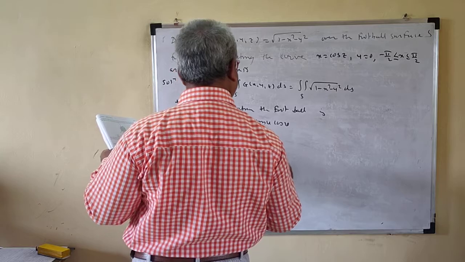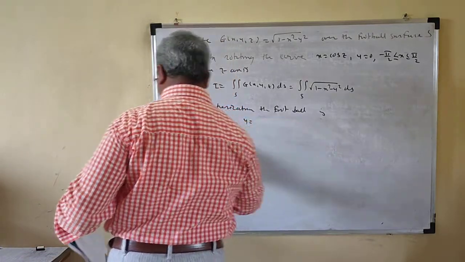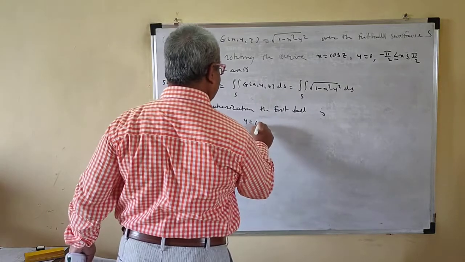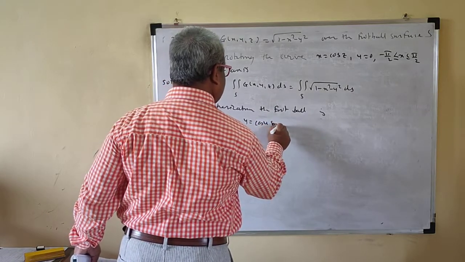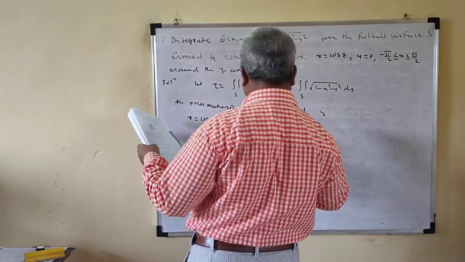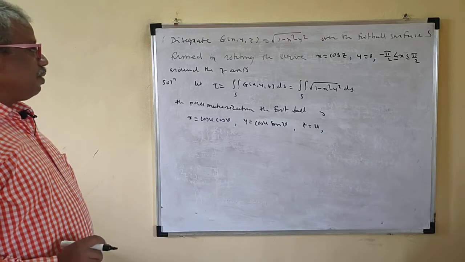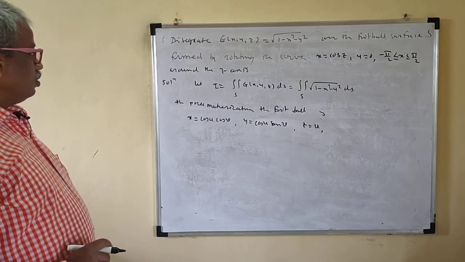Oh, cos u should be the same. Okay, cos u should be the same. These are the parameterization of this.